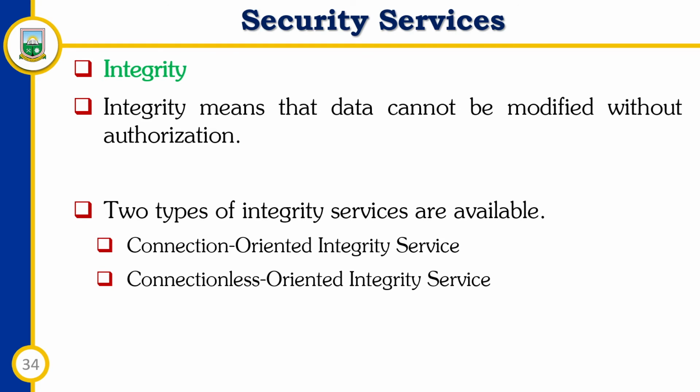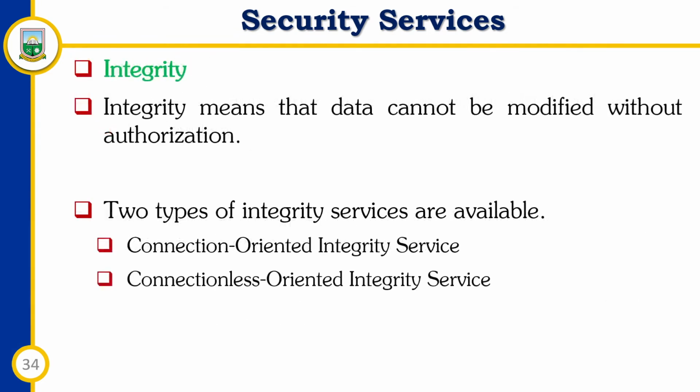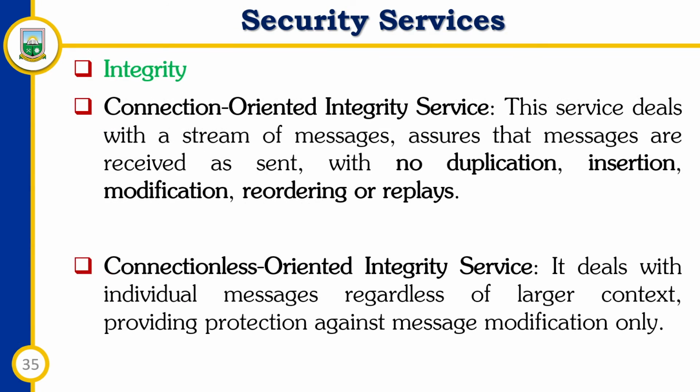There are generally two types of integrity services available. The first one is the connection-oriented integrity service, and the second is the connectionless integrity service. For connection-oriented, most of the time this service deals with a stream of messages.